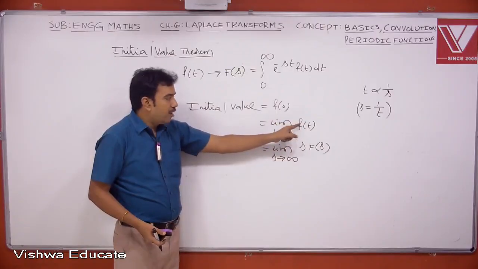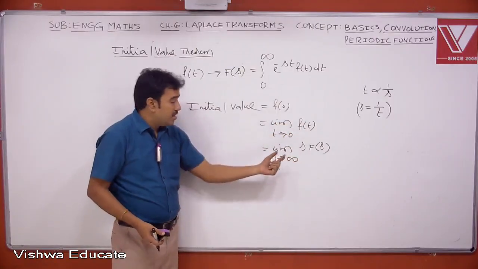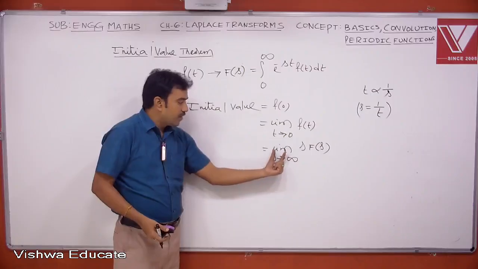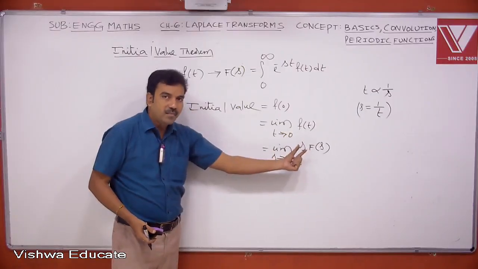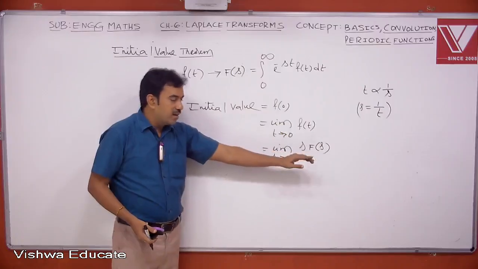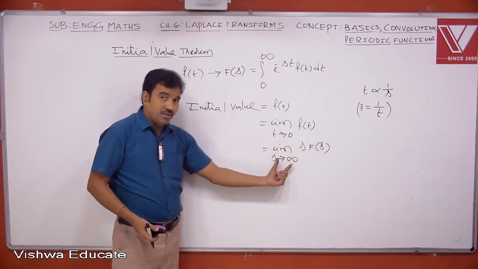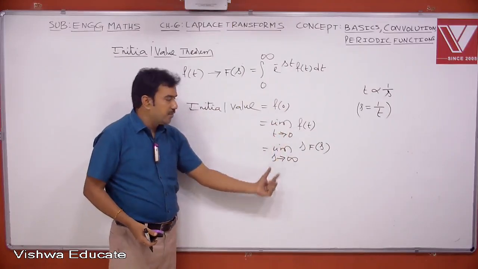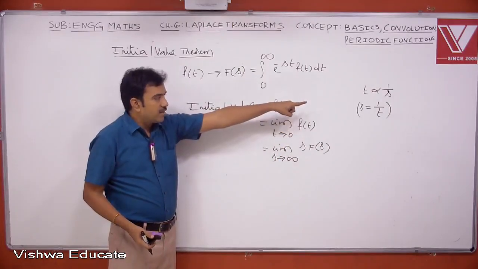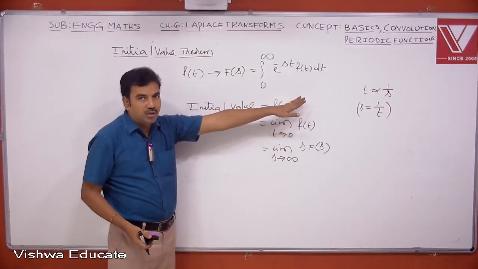But if its Laplace transform is given, you can express this as limit s tends to infinity of s into F of s. If a Laplace transform is given, the initial value is given by this rule; if the function itself is given, you can apply the other. Both are equivalent, since time and signal variables are inversely proportional to each other.